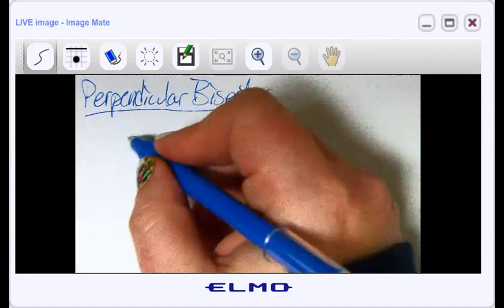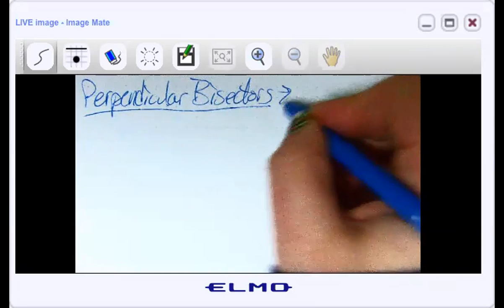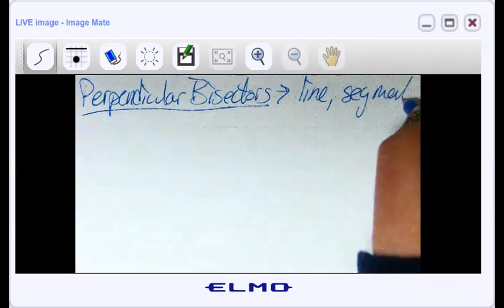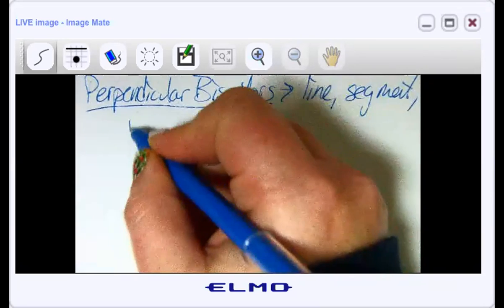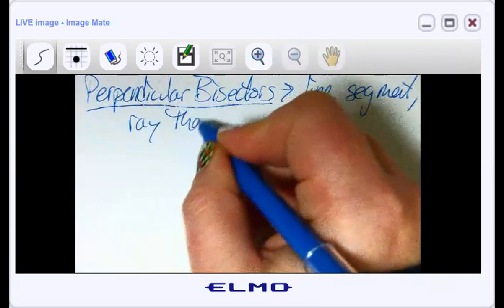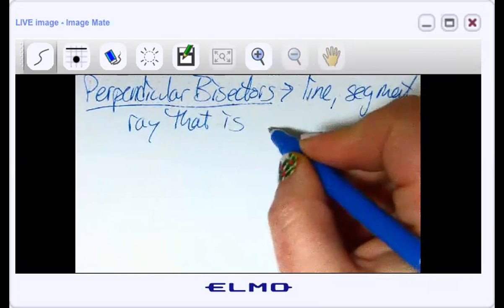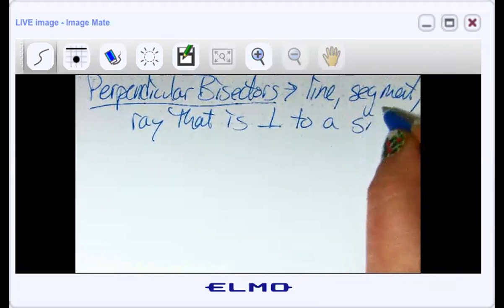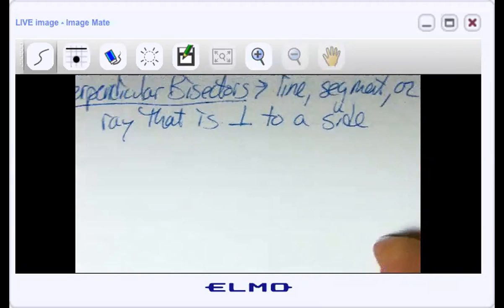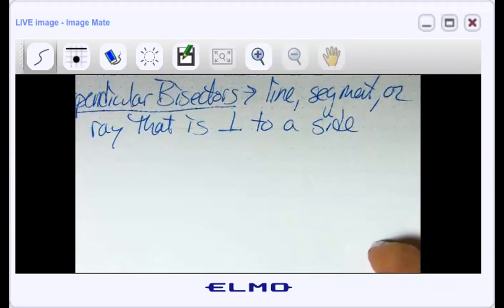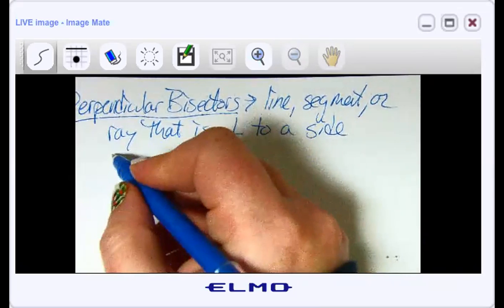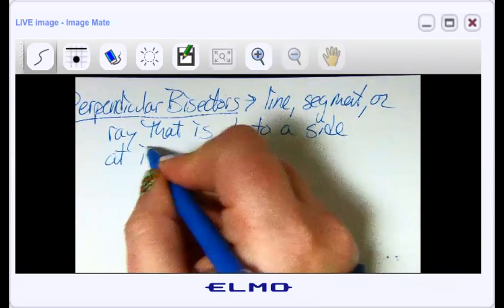So this is a line, segment, or ray that is perpendicular to a side at its midpoint.